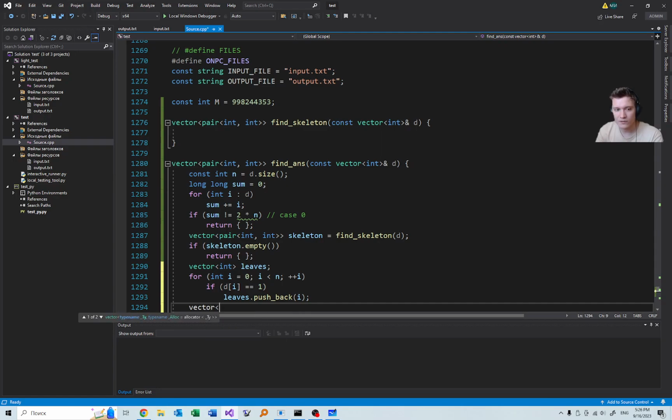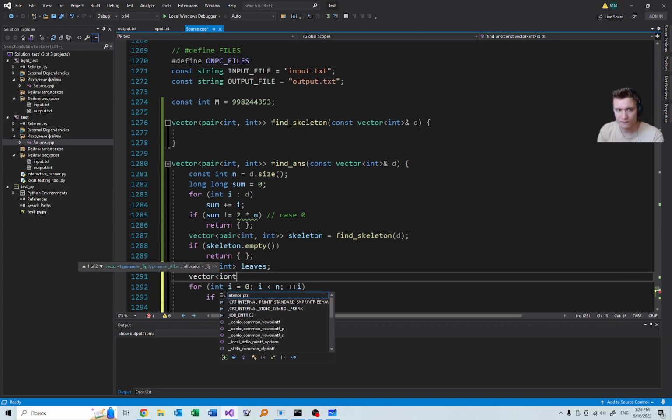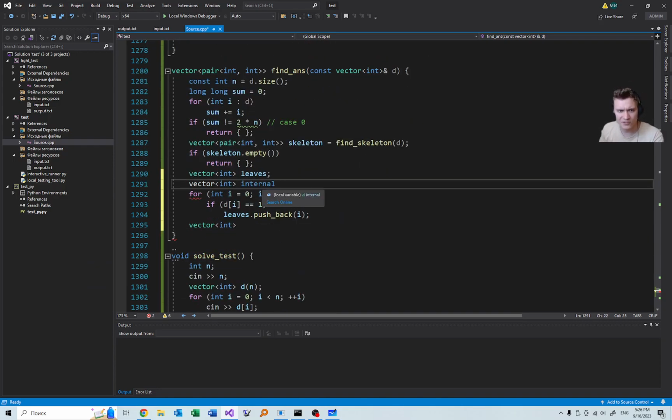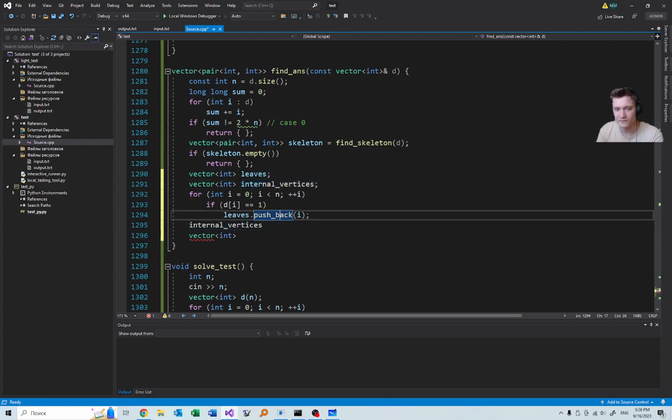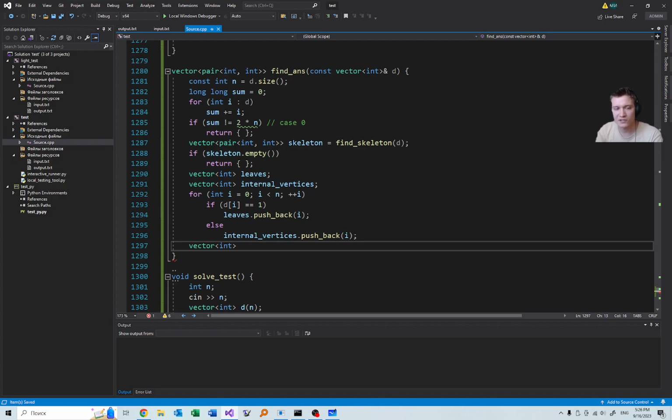After that, I also want internal vertices. I'll write it like this because internal is actually a keyword of C++. So otherwise, we say that internal vertices dot push_back i. Now we make a vector int of remaining degrees.